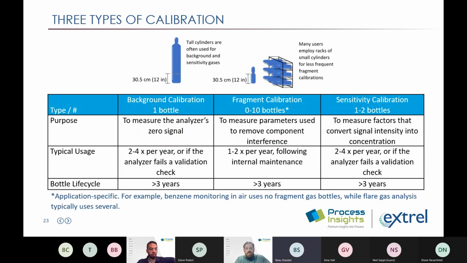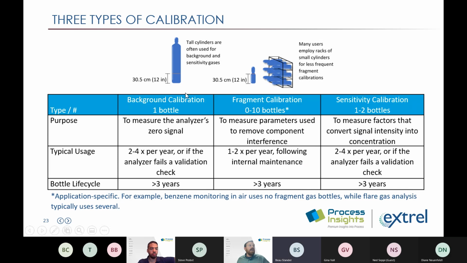To do that, we require calibration gases. The mass spec does use more calibration gases than the standard GC that would be applied in a flare gas installation. There are three types of mass spec cal gases that are used. Two of them are pretty much identical to the kind of cal gases that you see for the GC.